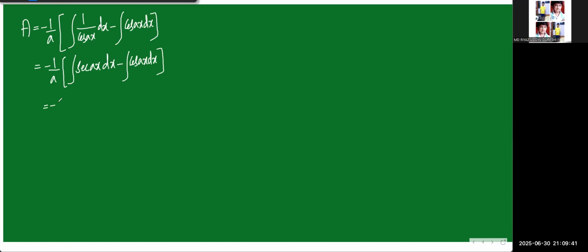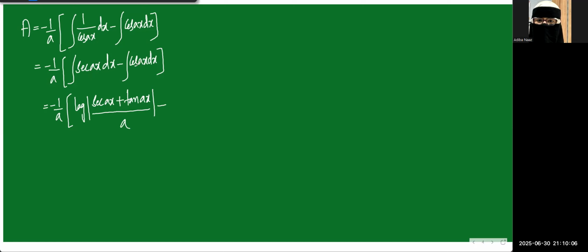This is equal to minus 1 by a. If we don't know the formula, let me write it: log mod sec ax plus tan ax. The formula for sec theta is log mod sec theta plus tan theta, but here there is a coefficient too, the coefficient of x is a, which we have to write in the denominator.